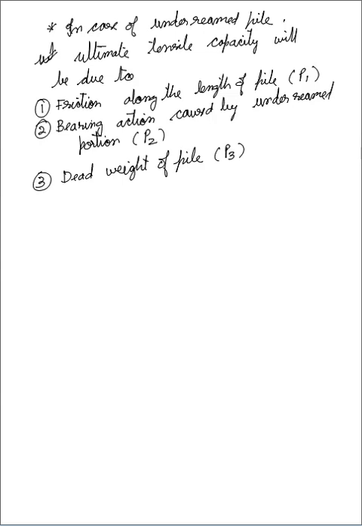But what is the formula of P1? P1 is equal to Fs AS. Basically stress is equal to force upon area, so force is equal to stress into area. So Fs into AS. This Fs is your stress and this part is area. Now how to calculate AS?